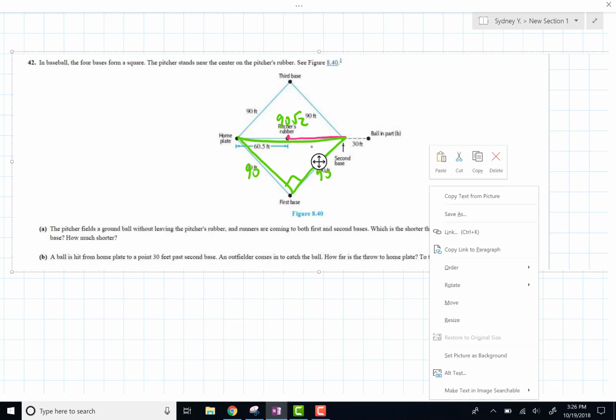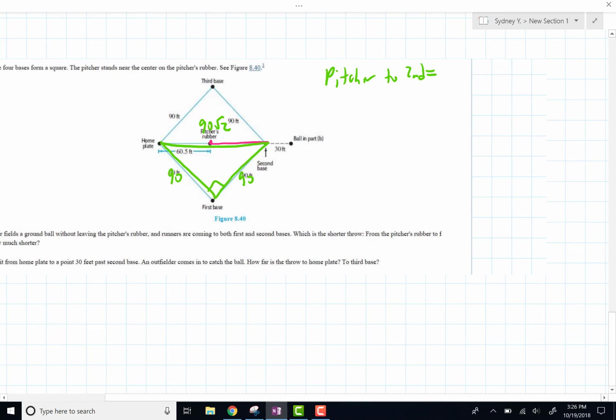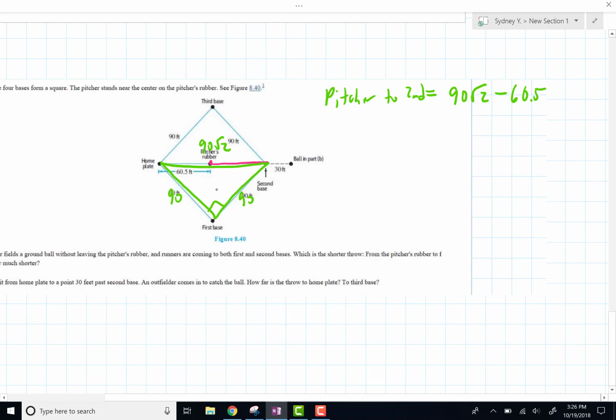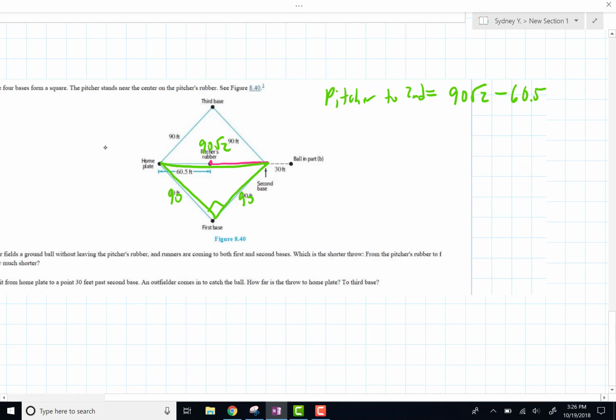So that means the pitcher's to second base is the full 90 root 2 minus the 60.5, whatever that is. And then now we need to find pitcher's to first. So let me draw another triangle for that.